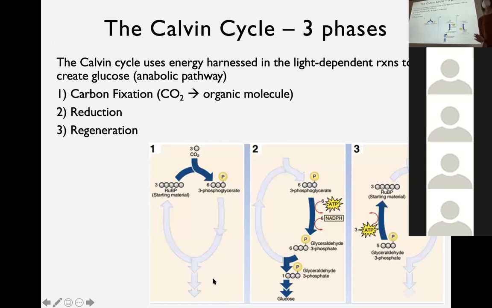Okay, so we have 3 phases of the Calvin cycle. It's just a cycle. This isn't showing up very well on here, sorry, but there's a cycle that's happening. So it's kind of broken down into the beginning, the middle, and the end. So what the Calvin cycle is doing, if we step back for a second before getting into the details of it, it's using that energy that was produced by the light dependent reactions.